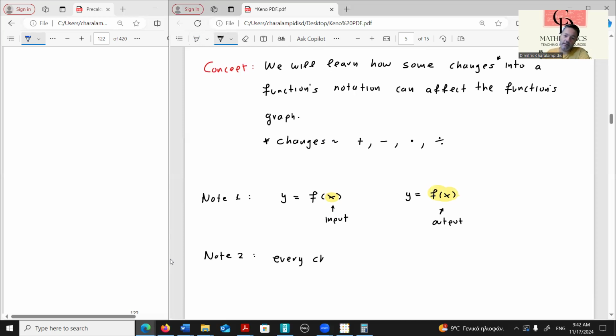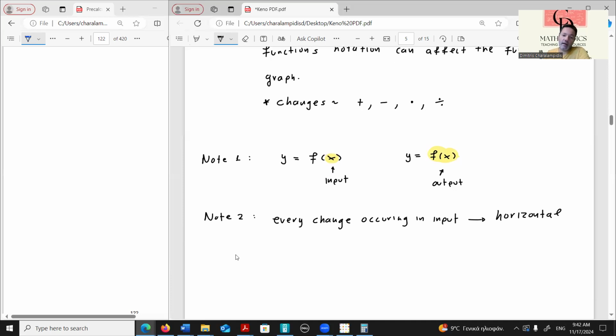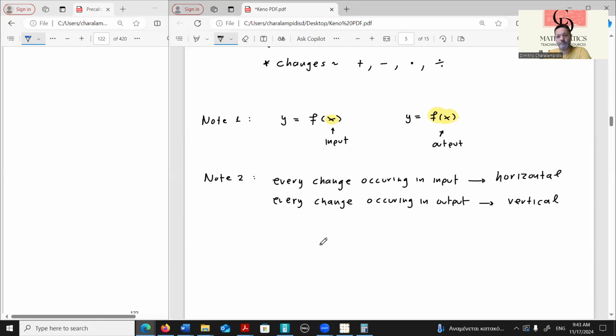Every change occurring in the input is characterized as a horizontal one. Every change occurring in the output is characterized as a vertical one.